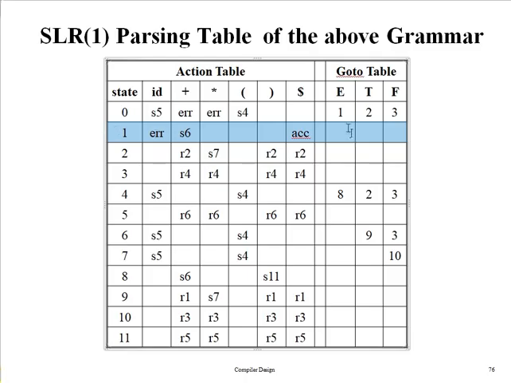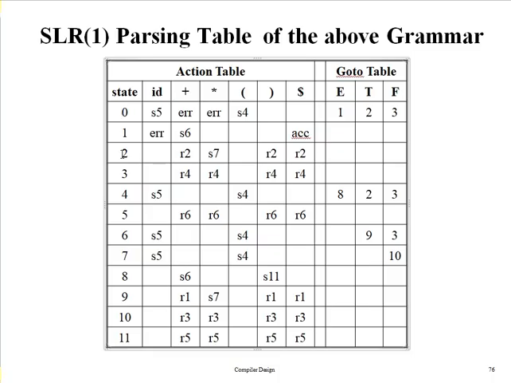Here you have to keep in mind that the two sections share the rows. When we refer to row 0 in the go-to table, we consider state 0, and when we refer to row 0 in the action table, we refer to the same state 0.